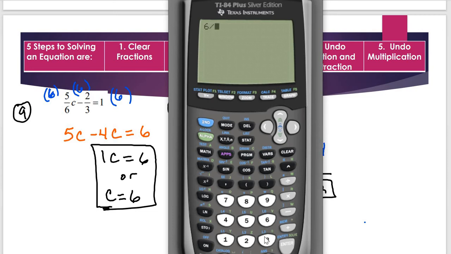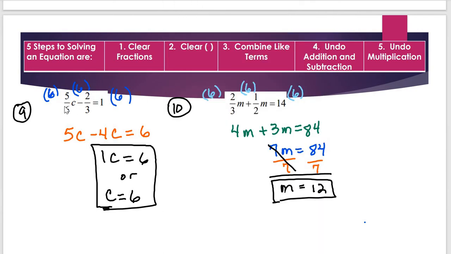So 6 divided by 3 does go in an even number of times. It's a whole number that you're looking for, which is 2. So that is why you're going to use 6 all the way across. If it did give you a decimal, then you cannot use 6. You would just simply multiply 6 times 3 together and come up with 18 and multiply 18 all the way across.